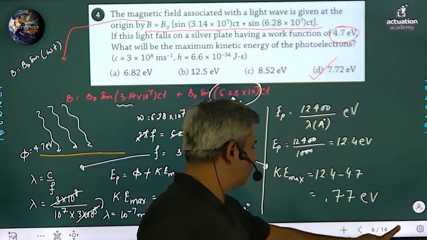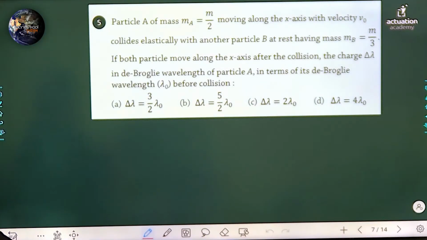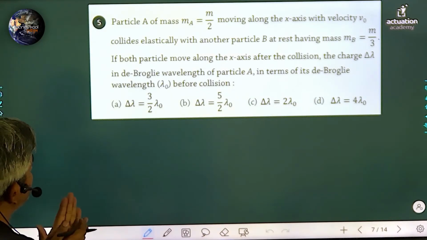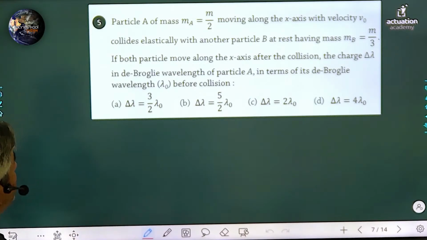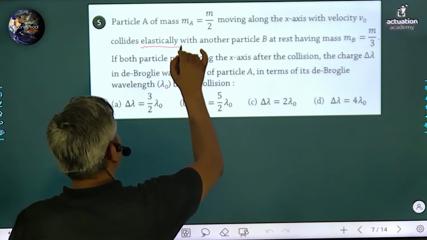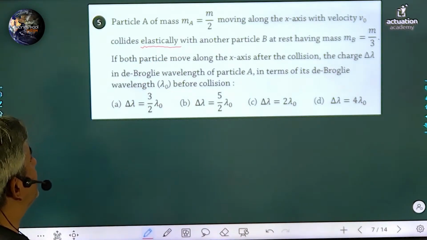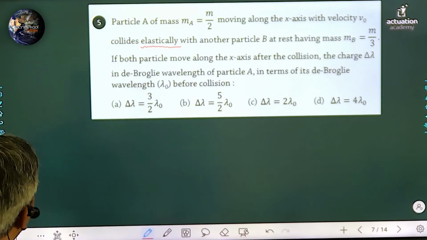Now move to question number 5. Here in this question it is given that particle A of mass ma equal to m by 2 is moving along the x-axis with velocity v naught, and it collides elastically, make sure we note down this word, elastically, with another particle B at rest having mass mb equal to m by 3.